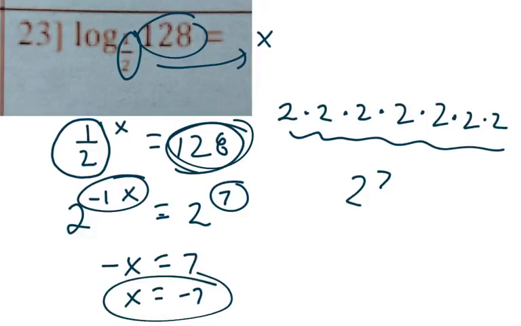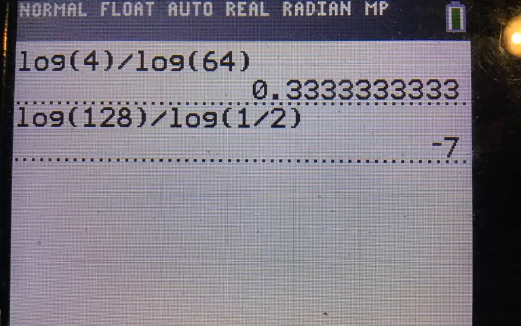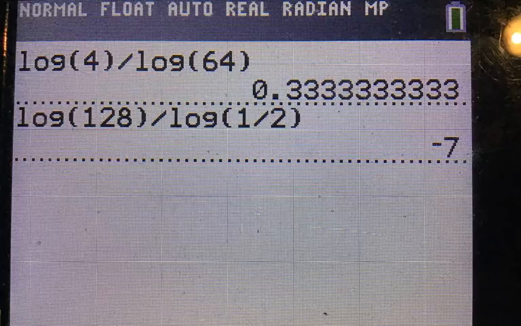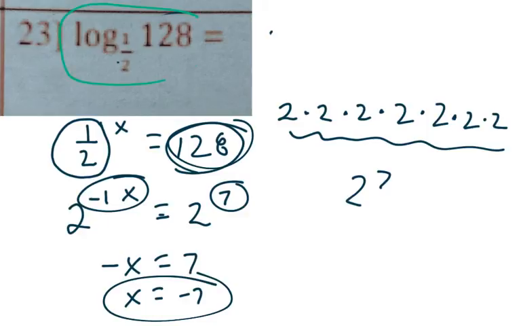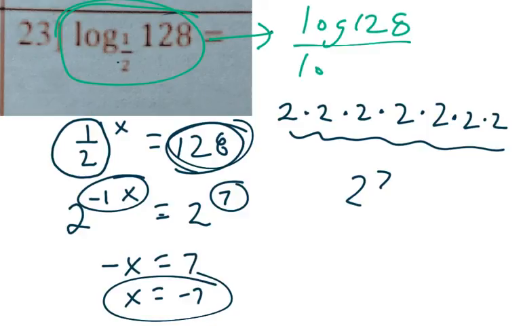Now, I want to remind you of something. Let's say you're allowed to use your calculator. Do you agree that, look at this right here, could I not have taken this, follow the green, and using change of base, say that's really the log of 128 divided by the log of 1/2?